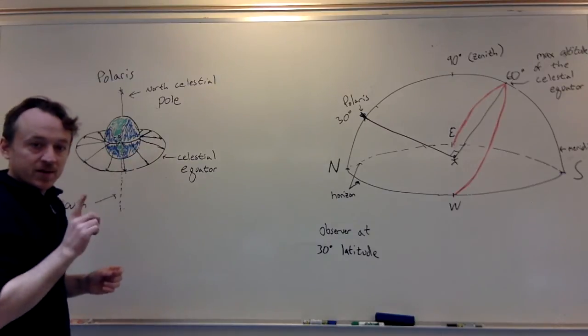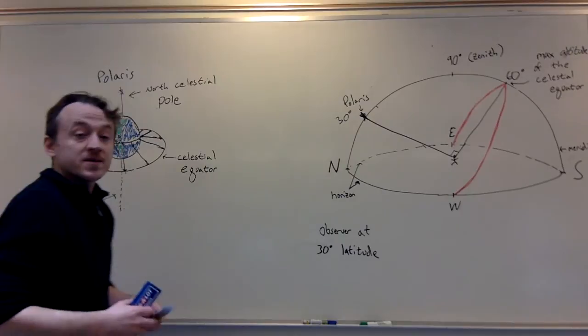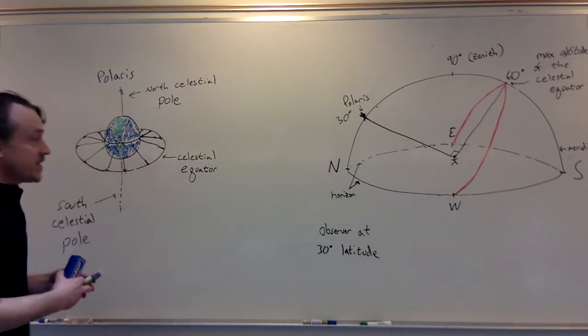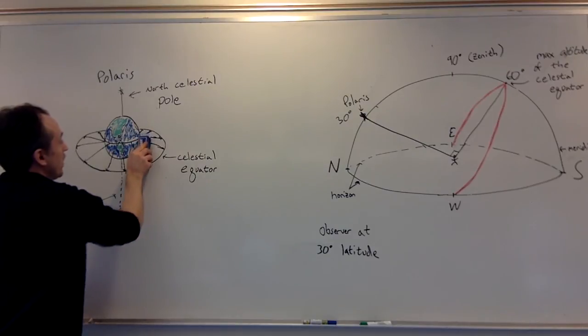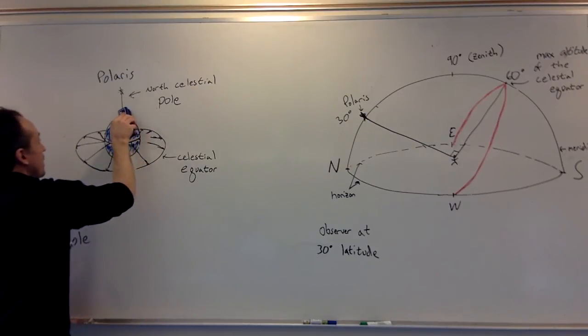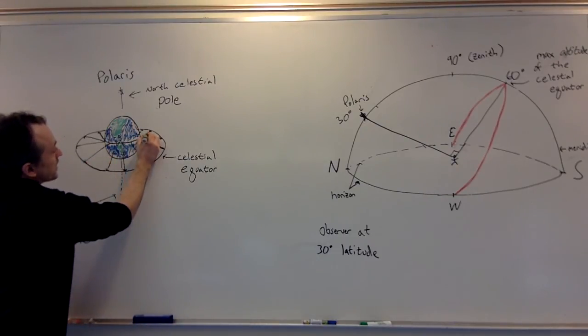Now I want to talk about the difference in what an observer sees depending on where they're located on Earth. As you go more north, something quite different happens. So I'm going to draw some people in three positions, and hopefully I won't mess this up because I drew such a pretty Earth. Let's say we have a person standing here at the equator, and it looks like they're standing in the middle of the ocean, the way I've drawn this.